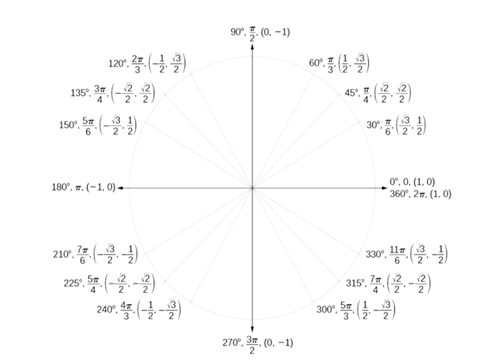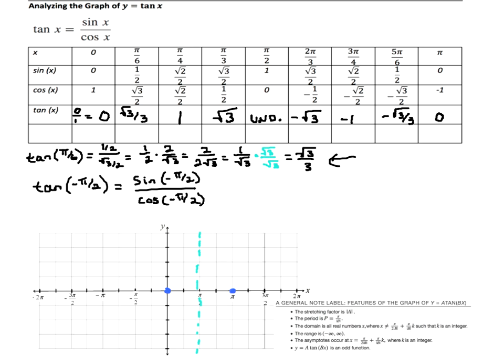Okay, so when I have negative pi over 2, that actually takes me to 3 pi over 2. I have negative 1 as my sine and 0 as my cosine. So what I have happening here is negative 1 over 0, which is also undefined here.